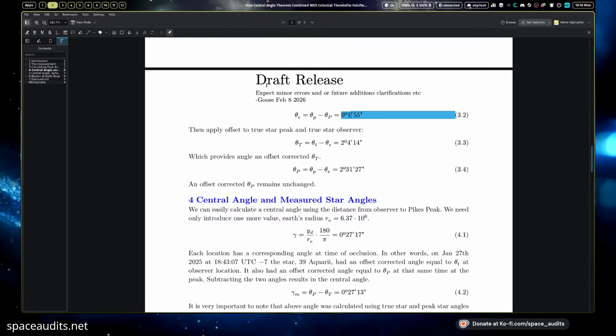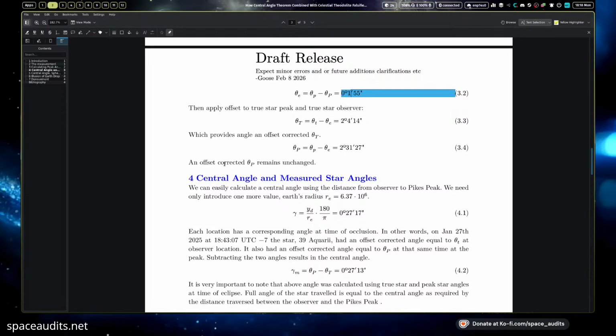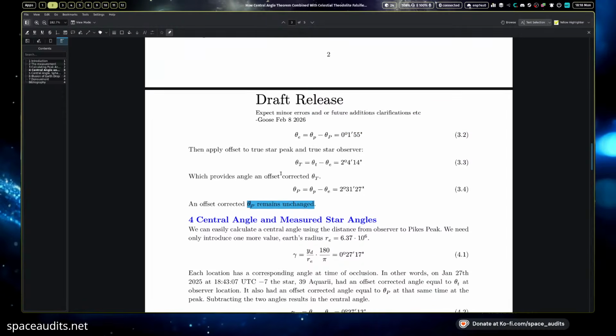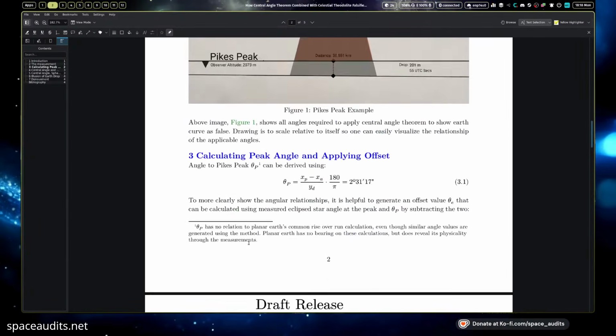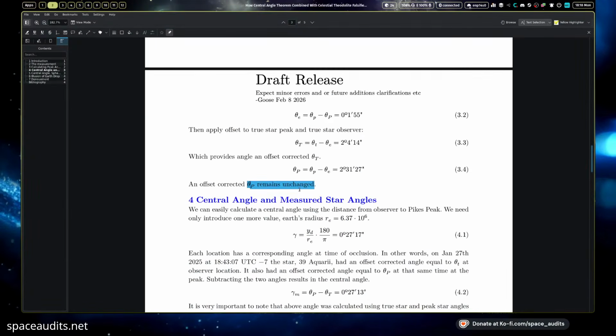relationship there. So an offset corrected, this angle remains unchanged. The significance of that is, we're just aligning it to a frame on a flat Earth, because as we're told, Stellarium assumes globular geometry for the terrestrial sphere to make the celestial sphere match and all of that.